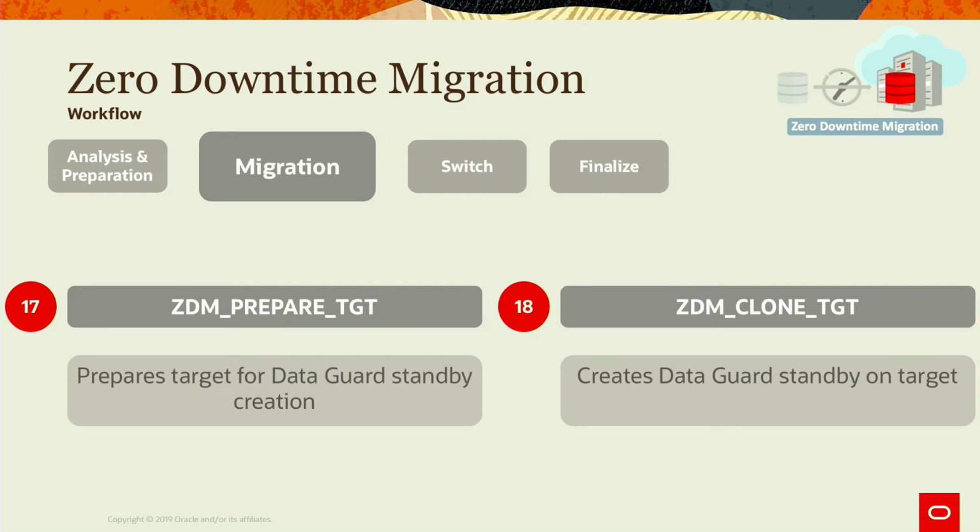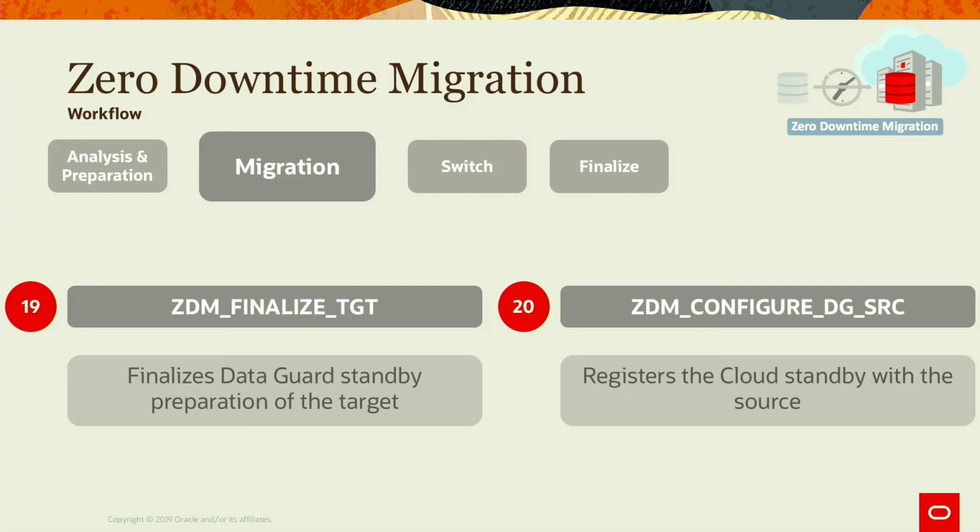We then prepare the target for the DataGuard standby creation, right? And once it's ready, we create the standby on the target. We then finalize the preparation of the target database, the DataGuard standby on the target, and we register the cloud standby with the actual source. And this is done with the SQLnet connectivity as described previously.